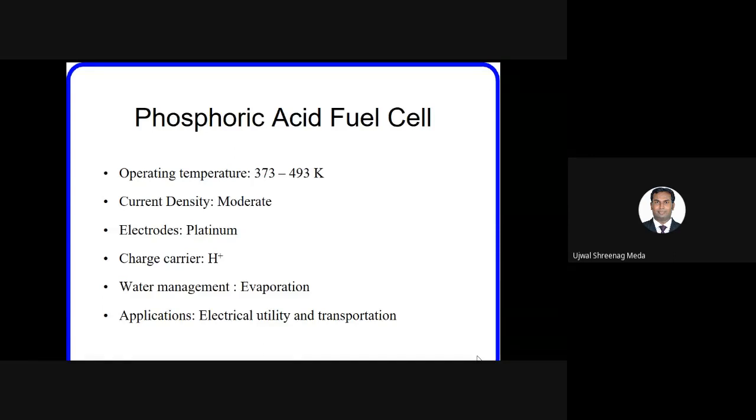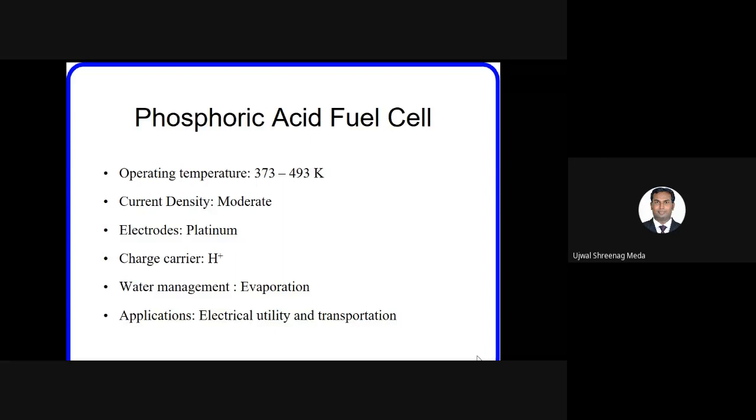Here it is moderate. And electrodes, here it is platinum electrodes, and in alkaline fuel cell it was nickel based electrodes, nickel or nickel oxide alloys of nickel. And charge carrier, here it is proton, there it was OH minus or hydroxyl ion. And water management is evaporation in both the cases.